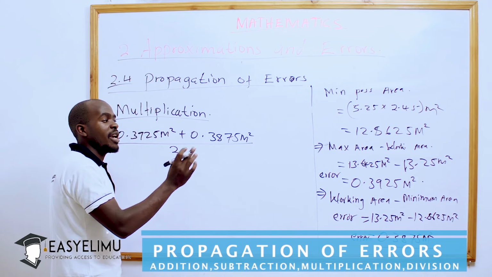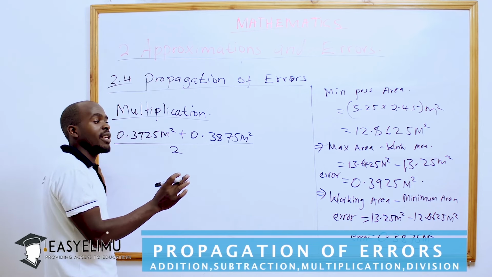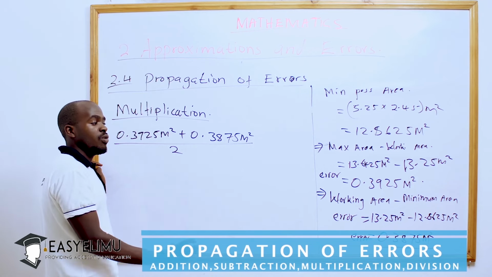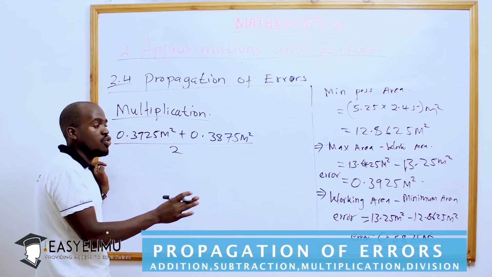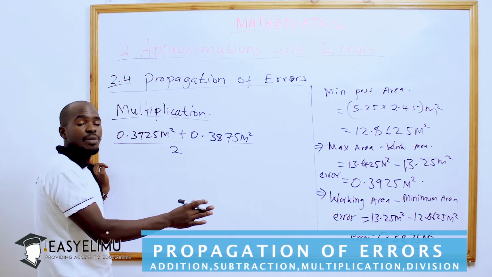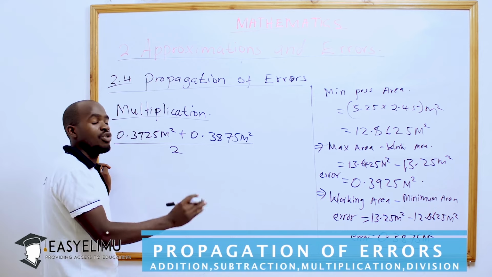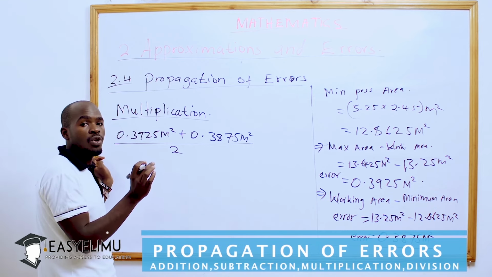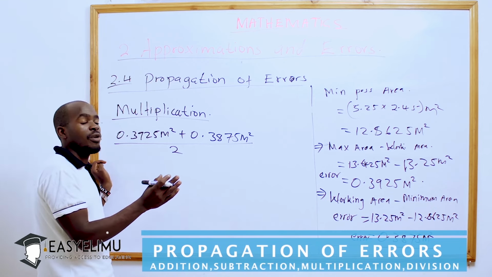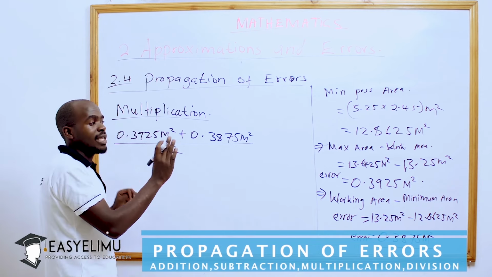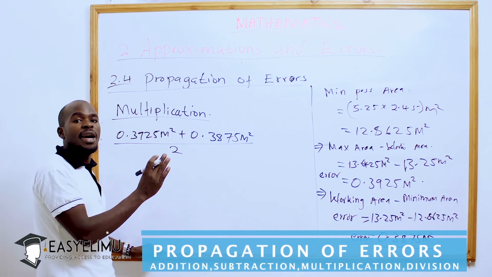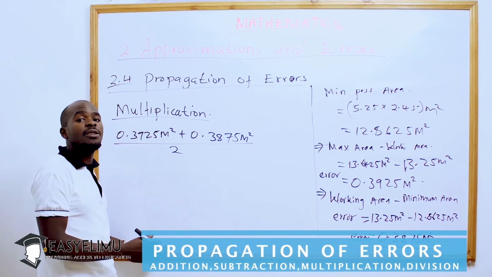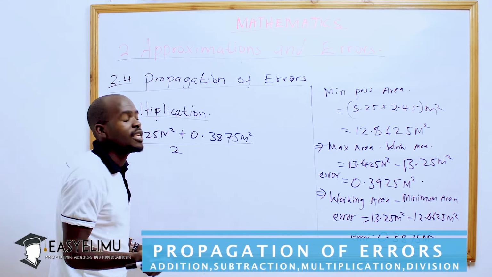You find the maximum area minus the working area, then you find that error. And also you do working area minus minimum area, you find the error, you add the two errors, you divide by 2. Or to minimize that kind of tediousness, you just take the maximum area minus the minimum area and then you divide it by 2. You will just be doing the same thing.